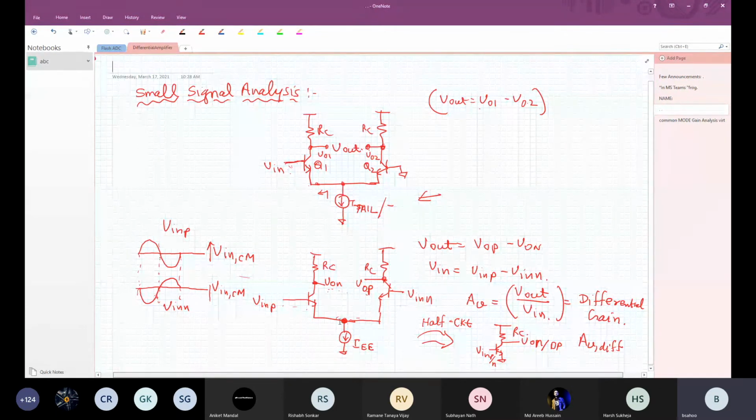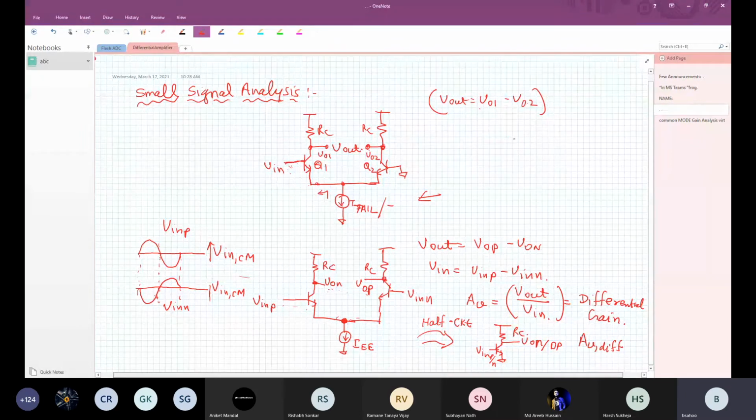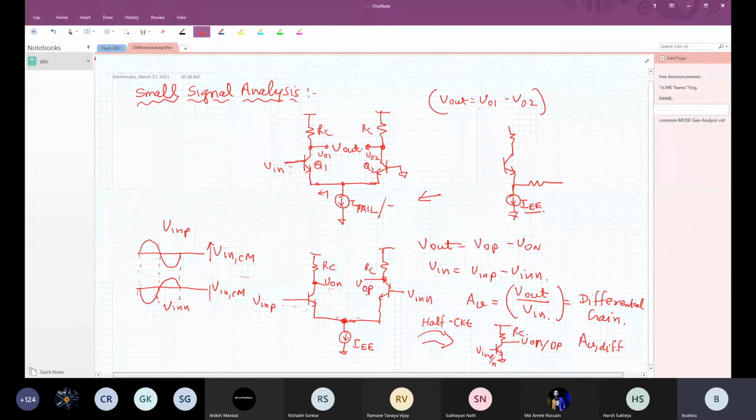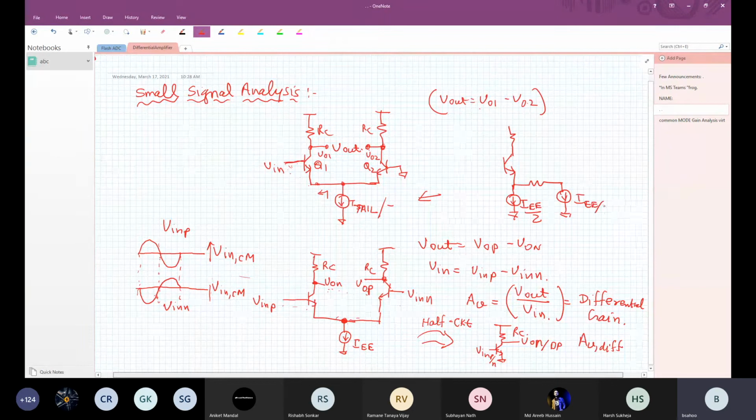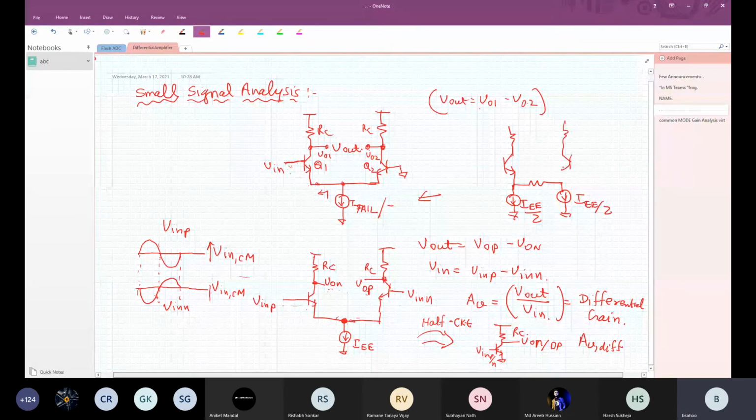In the previous class, I had given you one topology where I drew an amplifier here. So IEE by 2, and this is IEE by 2, and I asked you what the differential gain of this is.